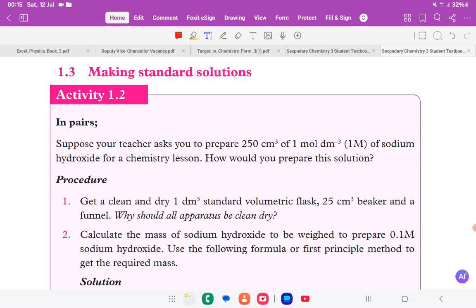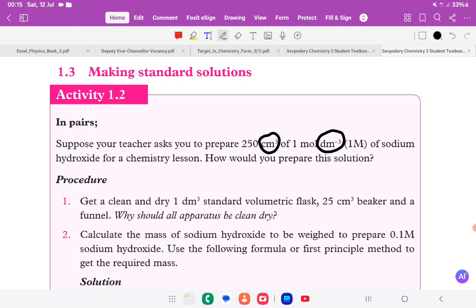But before we go through the procedure, just a few things about units. Here we have a cubic centimeter and a cubic decimeter. These are different units.